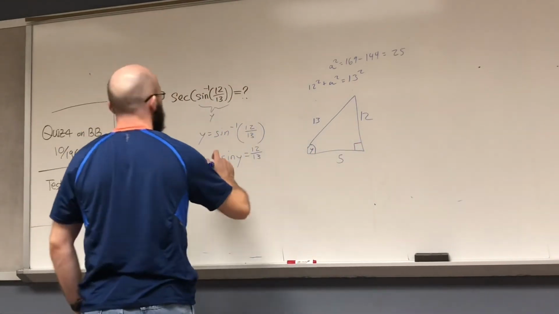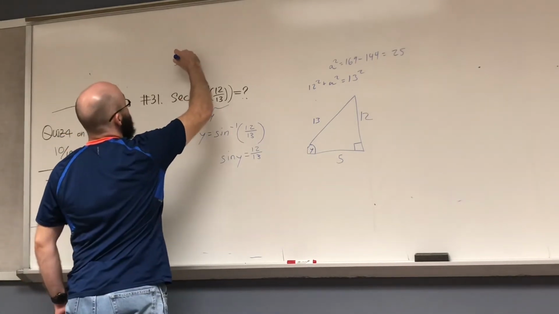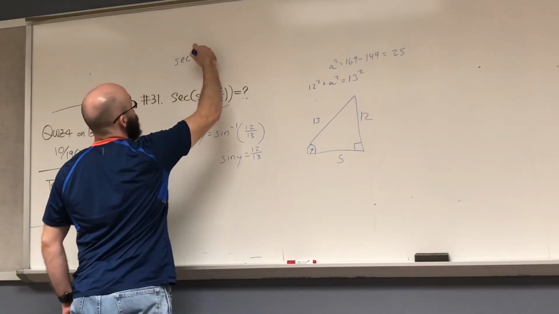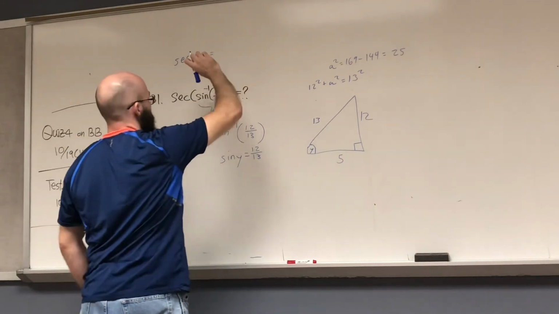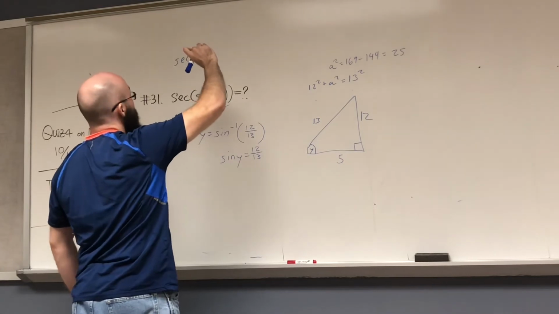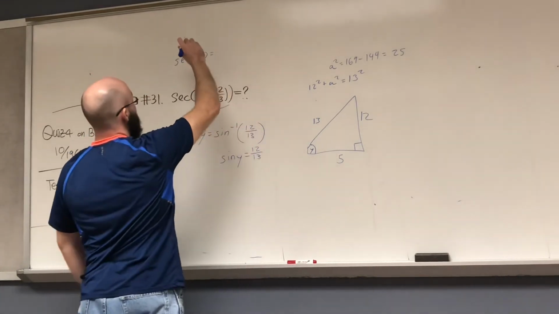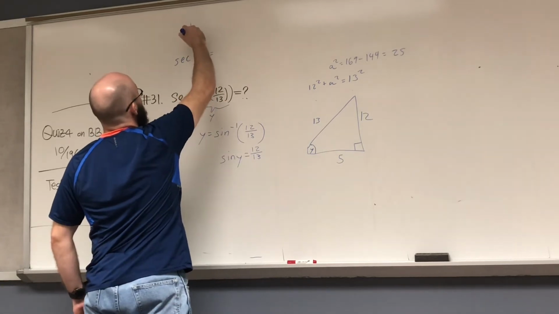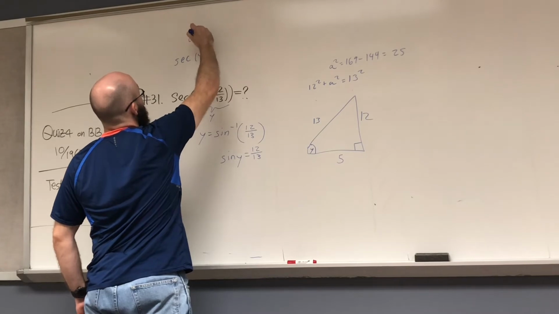So, secant y equals, from the picture, secant is 1 over cosine y.